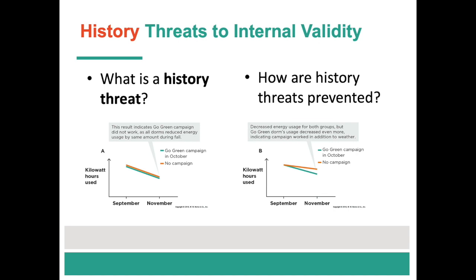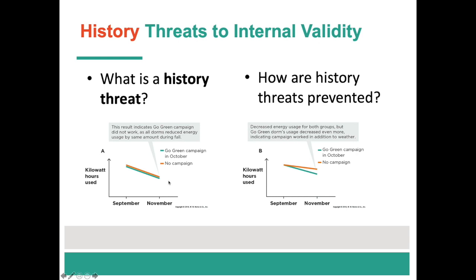Another example is here on the screen. So if you're looking at how much energy is being used, and you have a group that has no campaign and a group that has a Go Green campaign in October, if this was the result, this would say that the Green campaign didn't do anything. All dorms just reduced power.